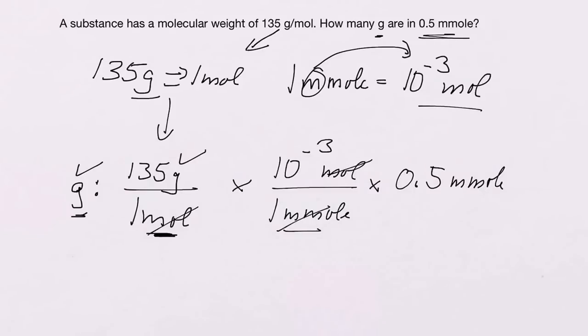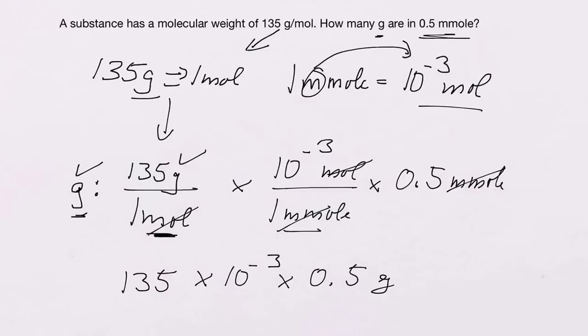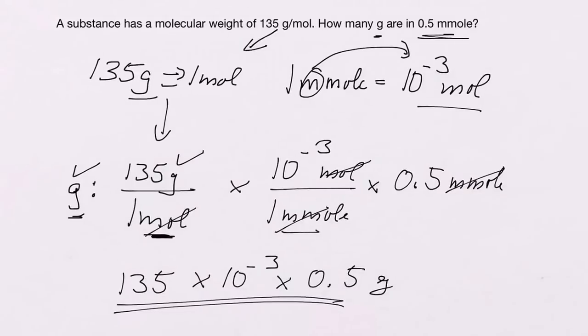And again, we see that the units cancel out. And all we have left is 135 times 10 to the minus 3 times 0.5 gram. And again, you can easily calculate what this would be.